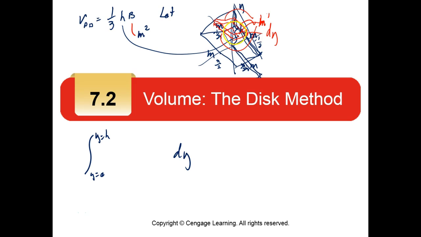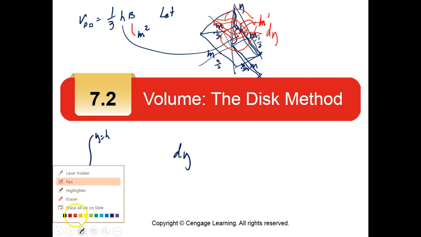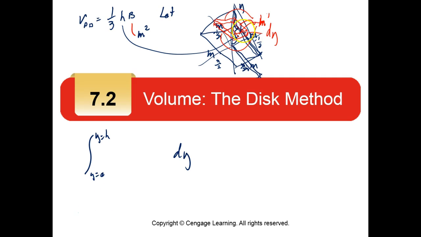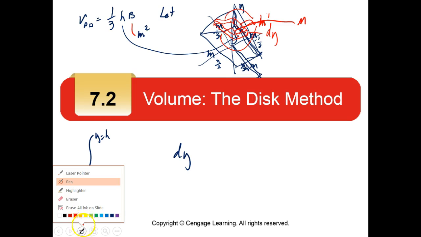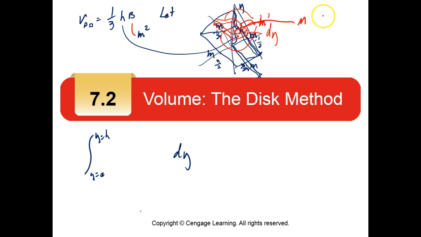So what we have to do is talk about these m primes here. Let's go back to the red here. The area of this slab here is going to be m prime squared, because its dimension is m prime by m prime, so that's m prime squared.